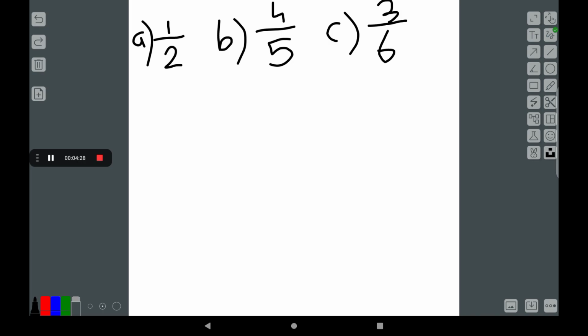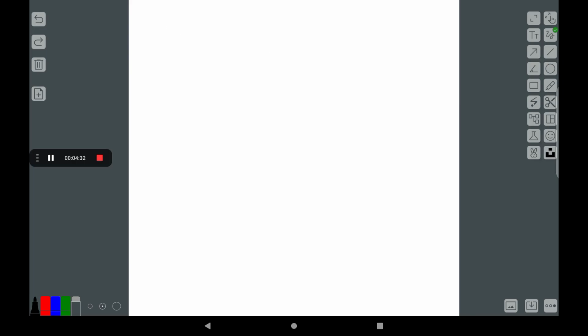So now I will erase it all. As you have seen the sums, now I will move forward. I'll tell you the answers here. N means numerator, D means denominator.